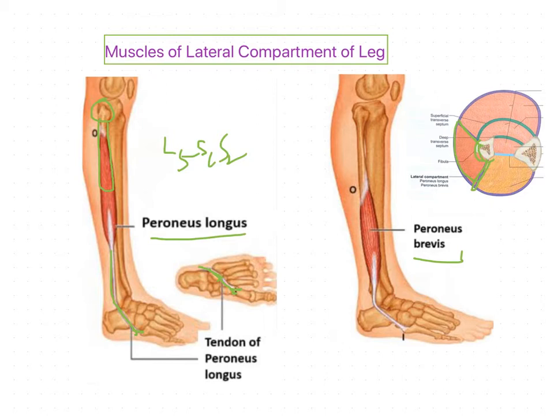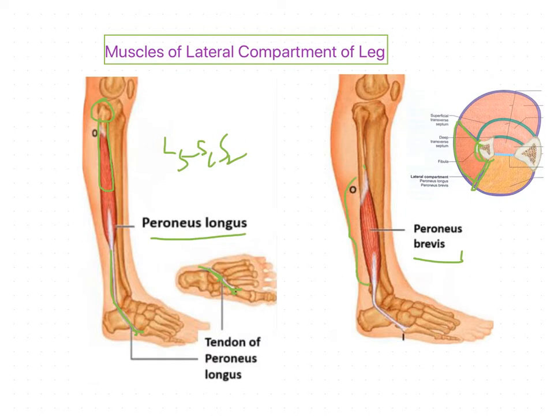Now we'll move on to the other muscle, Peroneus brevis. Peroneus brevis originates from the shaft of the fibula, the lower two-thirds of the lateral surface.